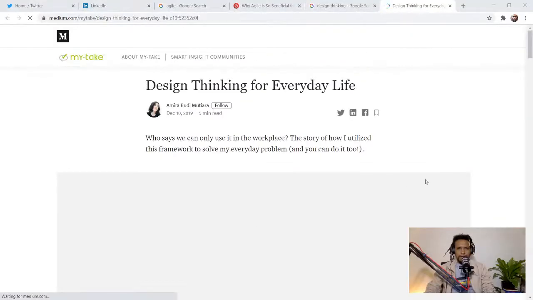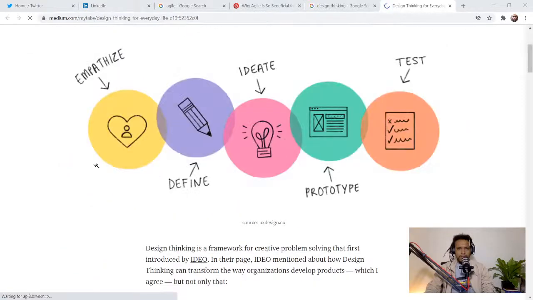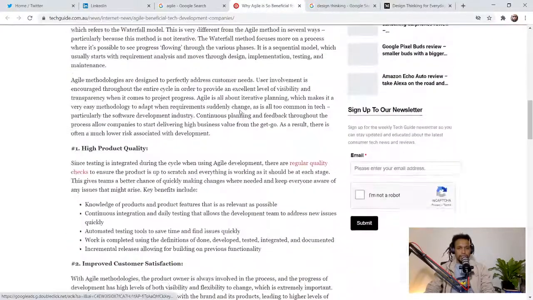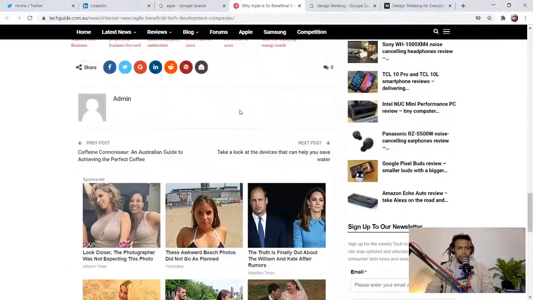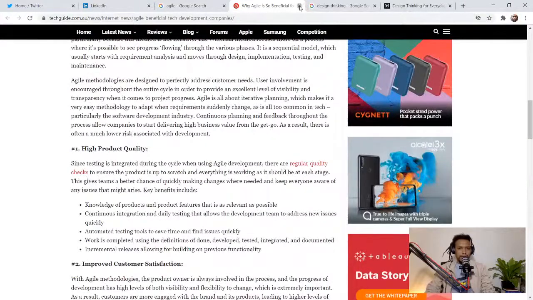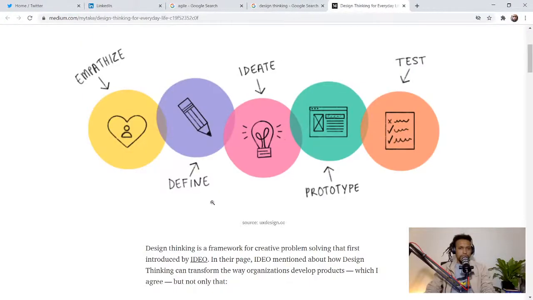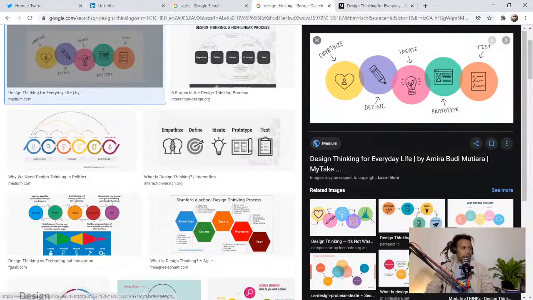Let's see if this loads up quickly. Where you have empathize, define, ideate, prototype, and test, and get results quickly before you jump onto developing the full-fledged product. So there are similarities between the two different processes.